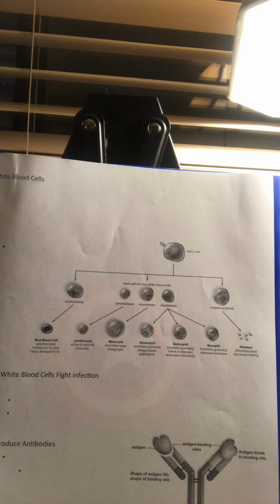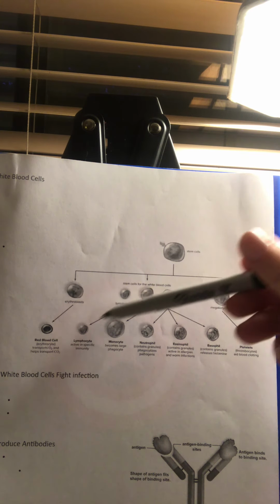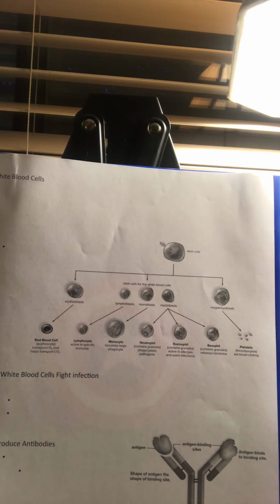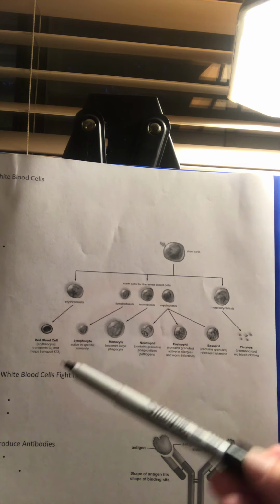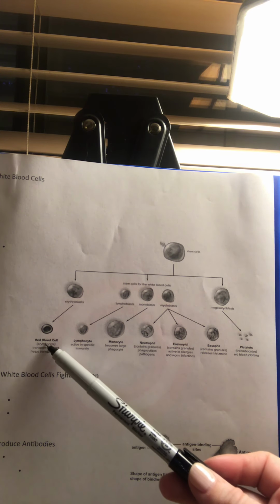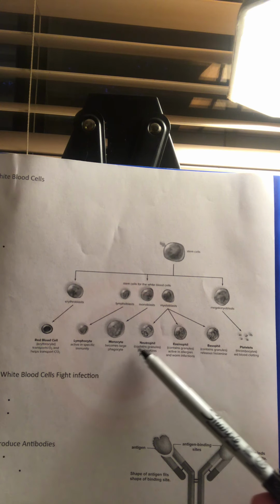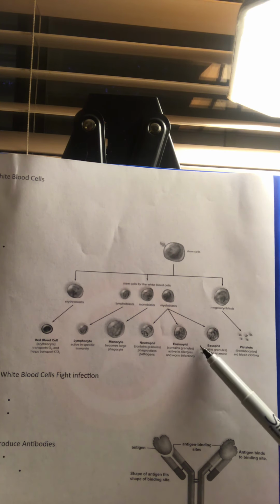Okay. Then if you notice, these are going to further differentiate into 5 different types of mature white blood cells. So when we talk about a mature blood cell, we're really looking at these final stages. Okay, from the erythrocyte, lymphocyte, monocyte, neutrophil, eosinophil, and basophil.